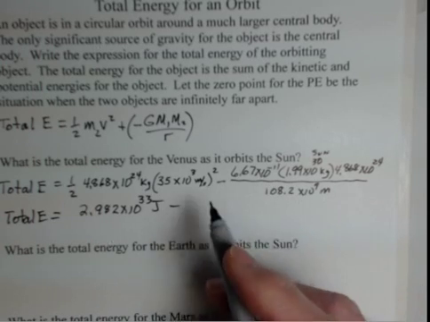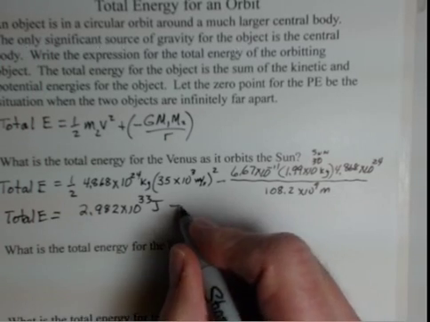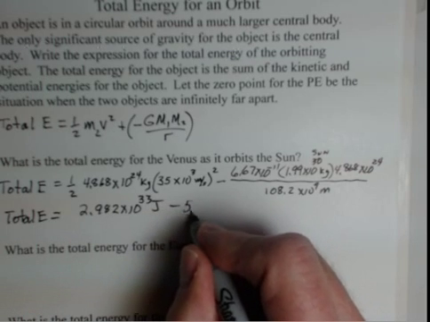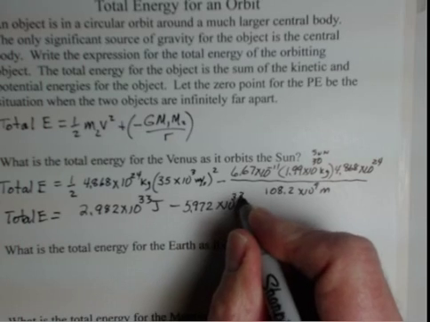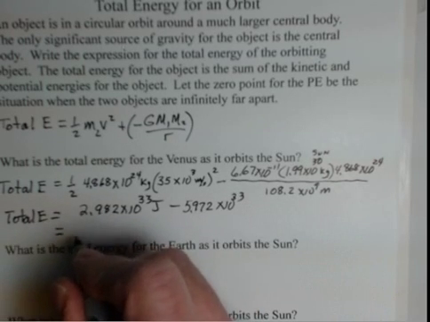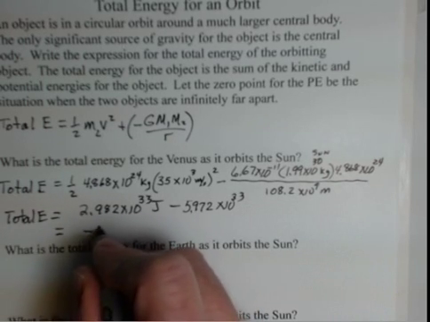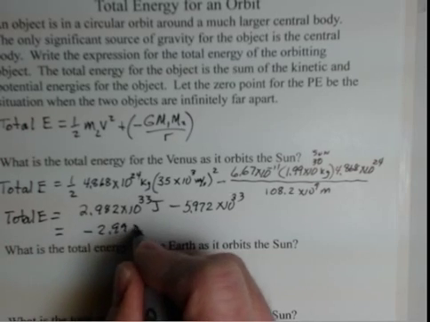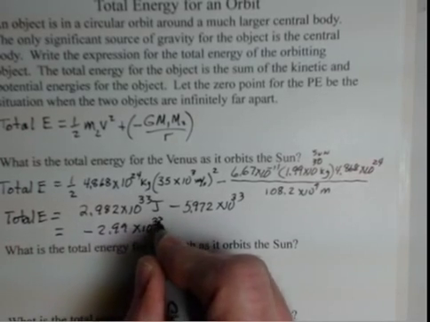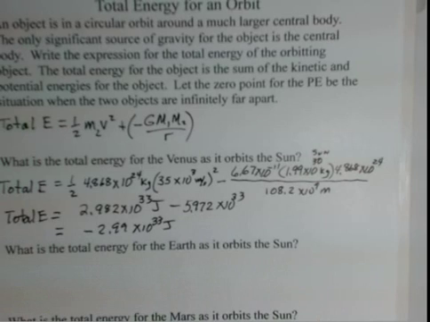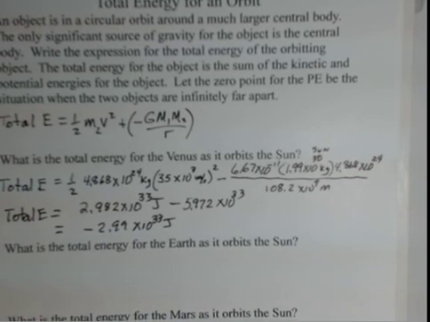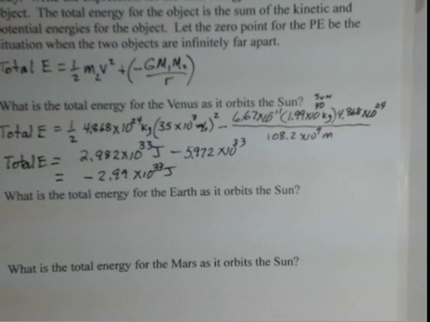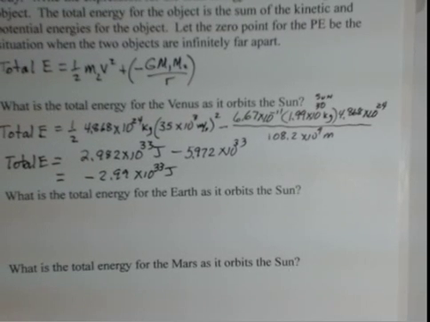And this, you should work this out on your own, but it's 5.972 times 10 to the 33rd, and that's a negative. So our total energy is negative 2.99 times 10 to the 33rd joules. And we'll just let that percolate in your mind a little bit. As far as I know, I've not made an error. The total energy is negative. I expected that to be a negative number.